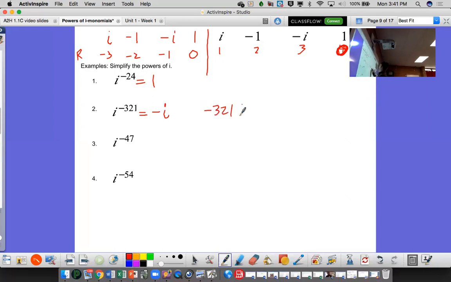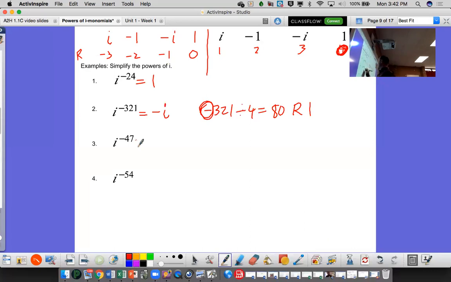-321 divided by 4 equals, who the heck cares, it's 80, but it's a remainder of 1, right? And it's a negative number, so we're looking at the left side of our table, okay, over here. So we're using the negative rules.